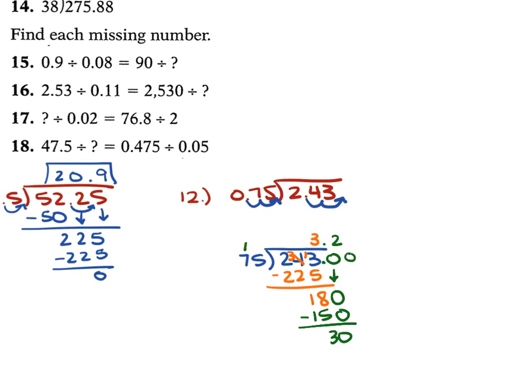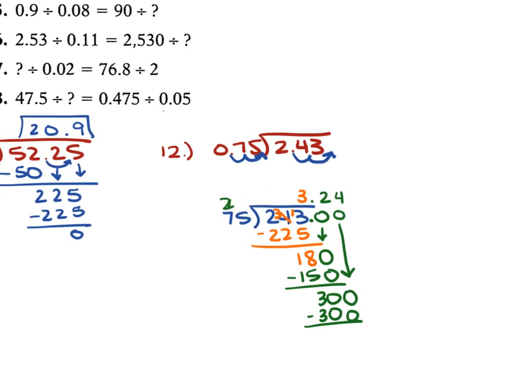Again, we have a remainder, so we're going to bring down that next 0 that we place in there. And then we're going to say to ourselves, what times 7 is around 30? So that would be 4. So 4 times 5 is 20. 4 times 7 is 28. Plus 2 is 30. So we have 3.24.